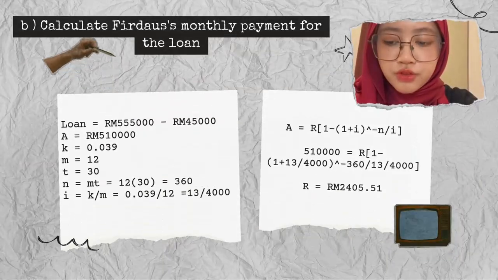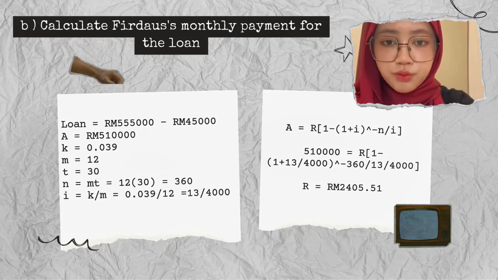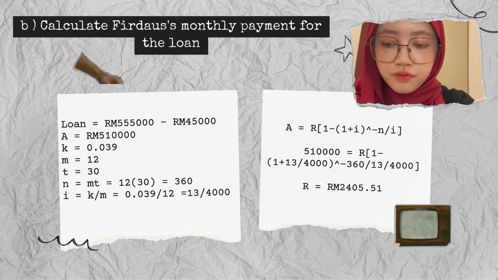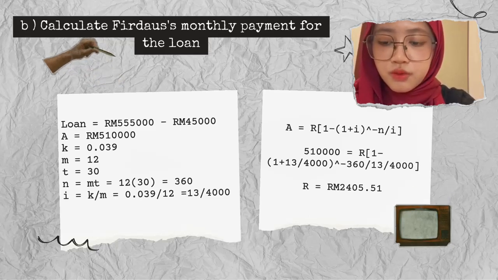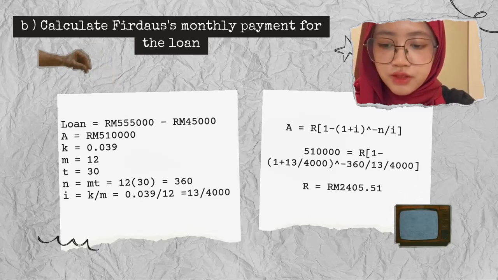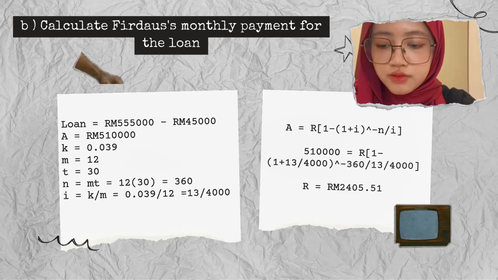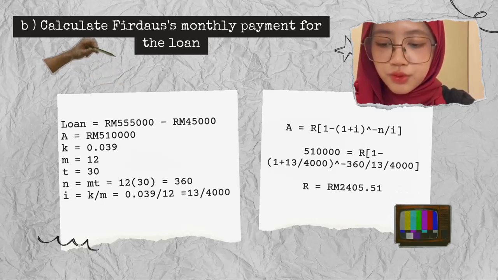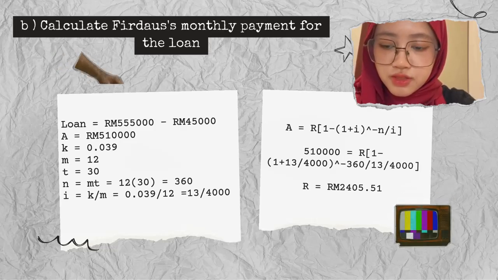For B, we need to calculate Firdaus's monthly payment for the loan. To find the loan, we subtract 555,000 minus 45,000, which gives 510,000, the present value A. K is 0.039, M equals 12, T is 30, N is equal to 360, I is 13 over 4,000.